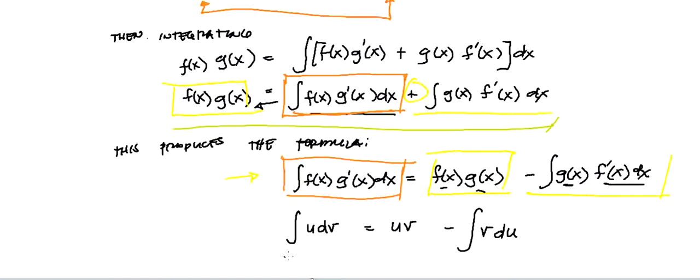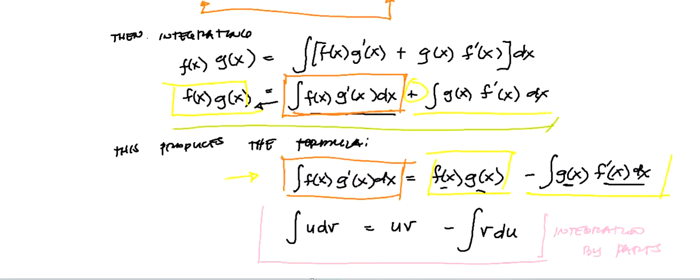If we have the problem u dv, then our answer can be expressed as u v minus the integral of v du, and this is the technique called integration by parts.